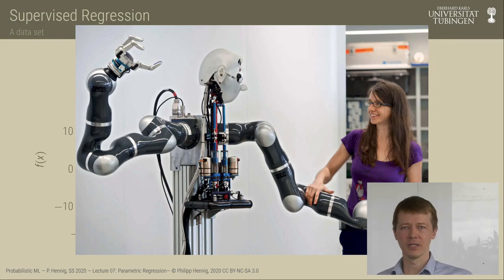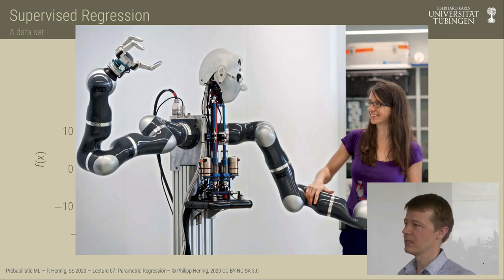Robots are complicated machines, and doing something interesting with them requires expert knowledge. But there are also some low-level tasks in robotics that are quite easy, which I'm going to use as a motivation for this data set.